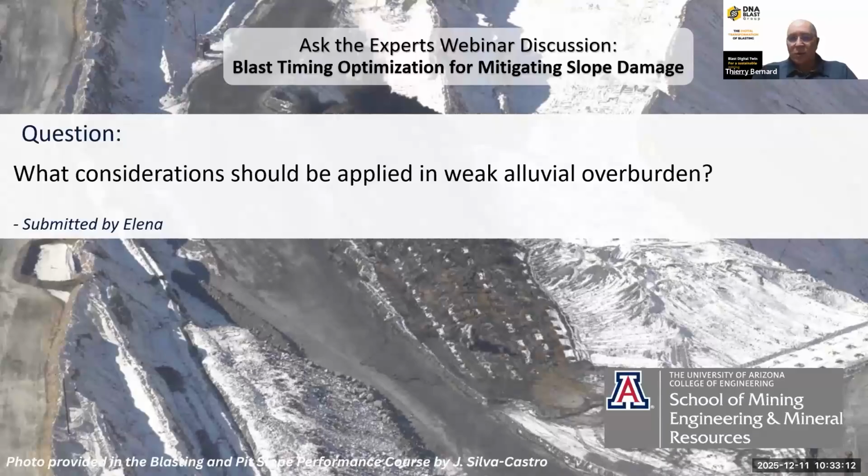Because generally in such weak material, you've got a large difference from hole to hole. The rock is harder in some areas and softer in others, and you should not use the same type of explosive. Maybe ANFO in some parts, emulsion in the other, depending on the hardness. That helps a lot in this kind of material. Yeah, great. Thank you, Thierry.